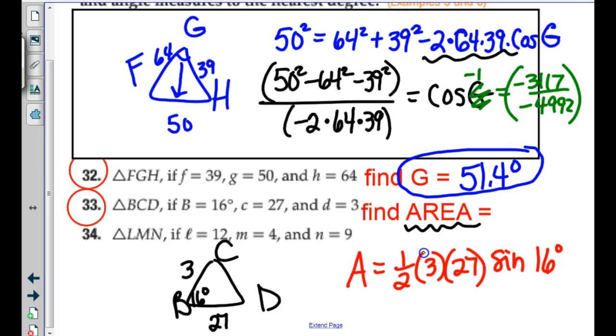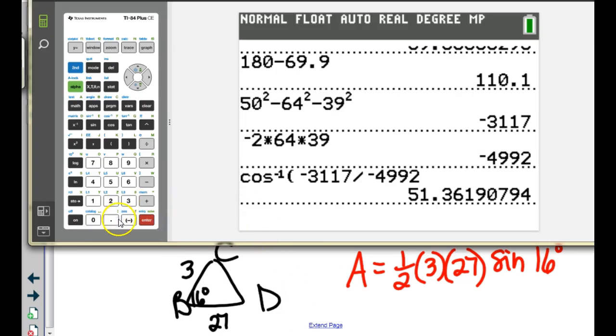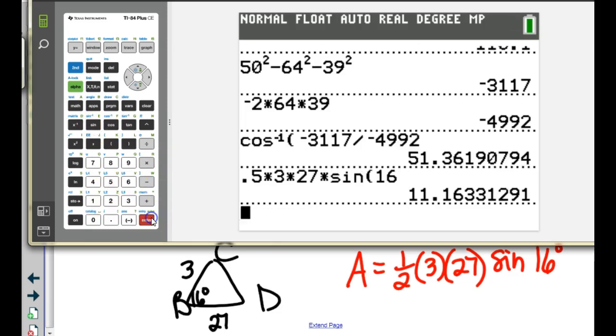And that's it. It's just a typing question. You just have to know where to find the formula and how to use it. So 0.5 or 1/2 times 3 times 27 times the sine of 16 is the area of 11.2 square units.